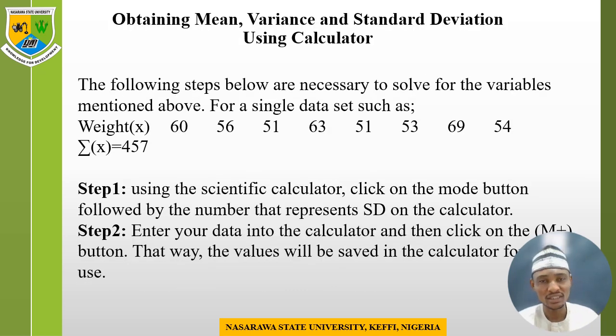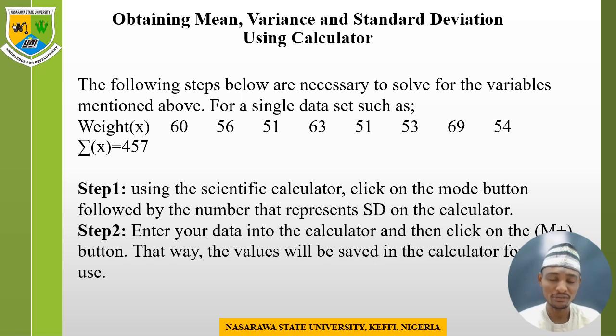Now, as I've said earlier, a calculator is more than performing simple operations. It can be used to obtain mean, variance, standard deviation, and others. Let's see how you can obtain your mean using the calculator.